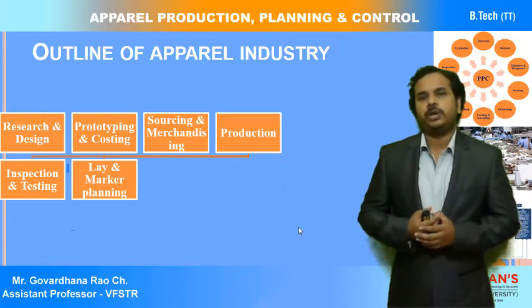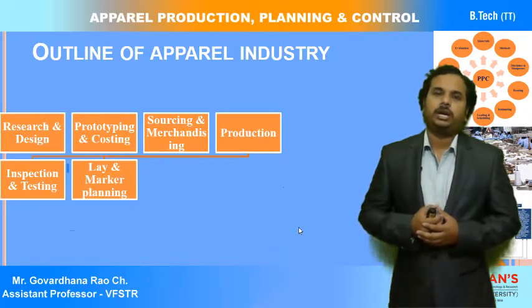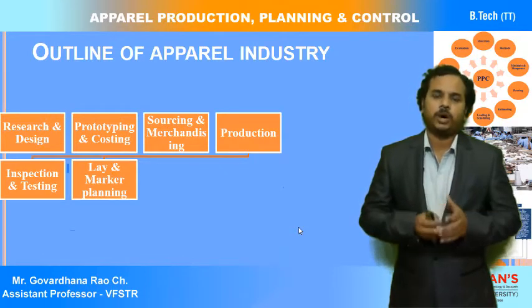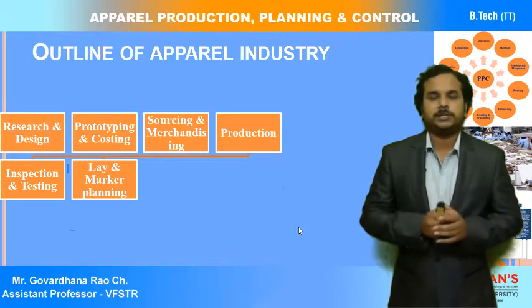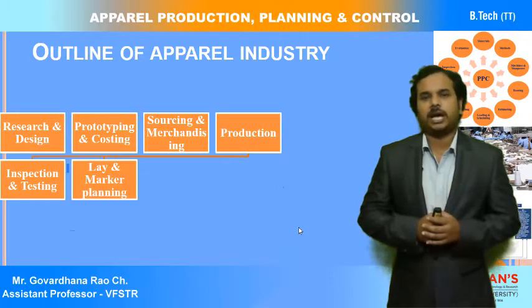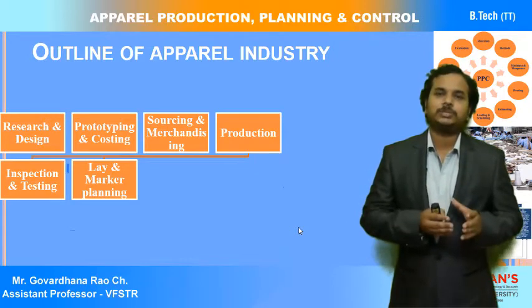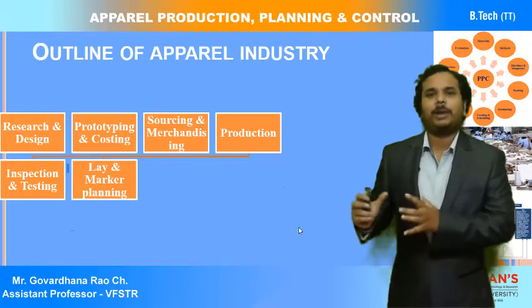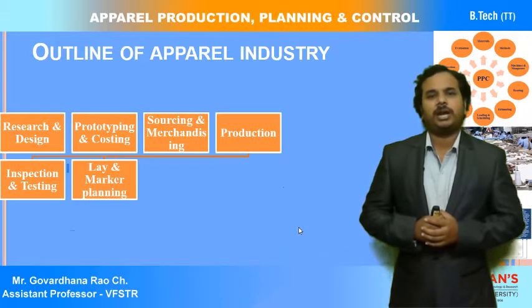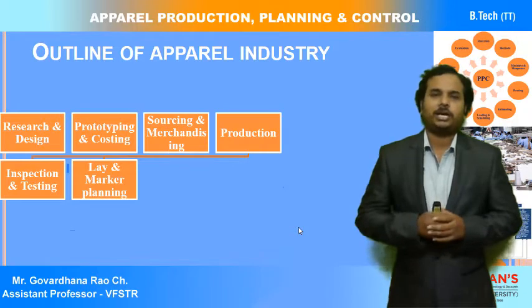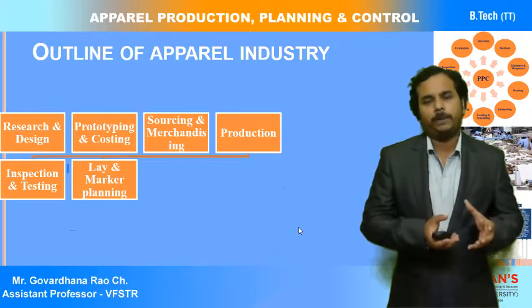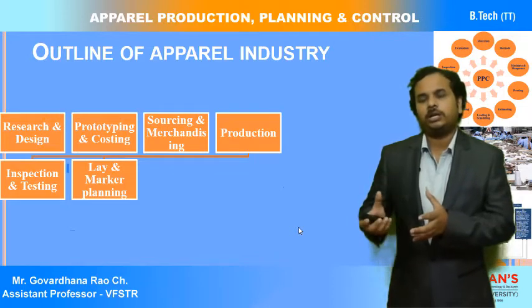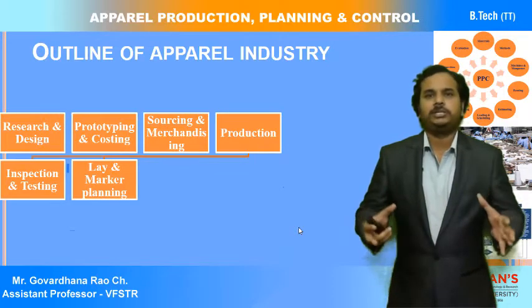We are going to prepare a marker for how many garments are required for a specific quality and specific size. Say for example, if the sizes are small, medium, large, XL and double XL, and the customer requirement is 500 pieces of small, 200 of medium, and 1000 of large, say for example, this is the order.